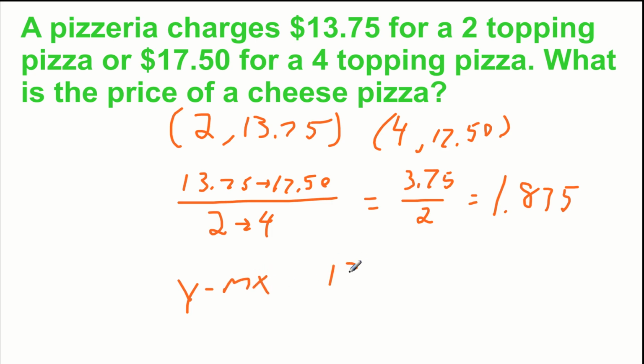If we do 1375 minus the 187.5 times 2, well, 187.5 times 2 brings us right back to this 375. So the 1375 minus that makes 10. Any questions on that one?